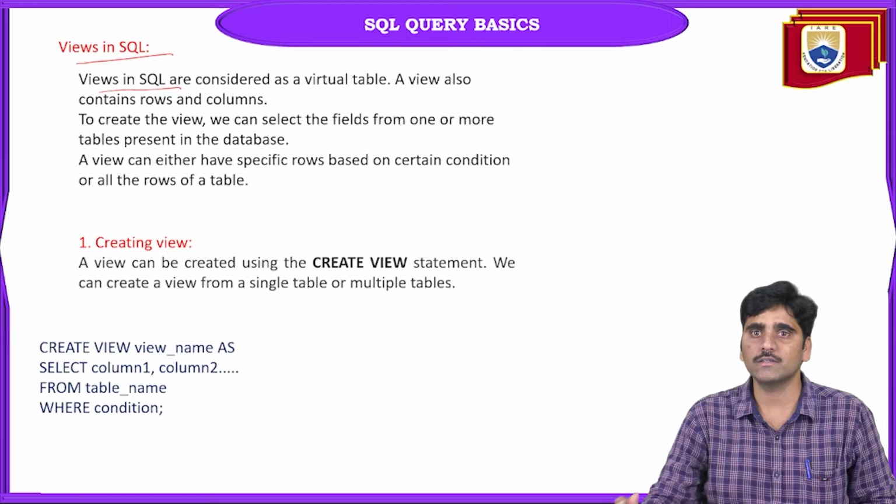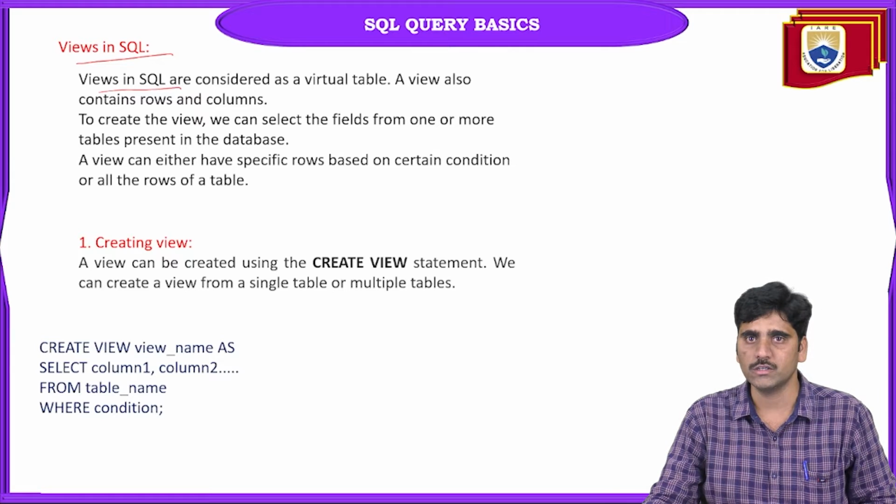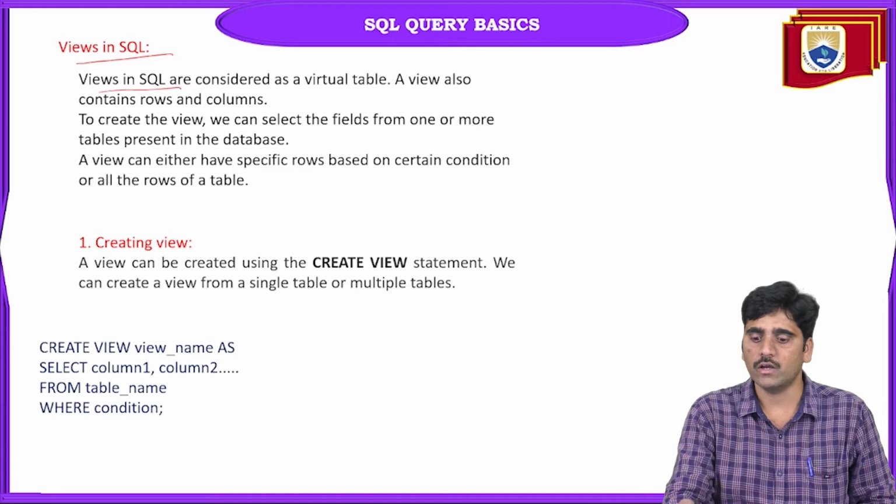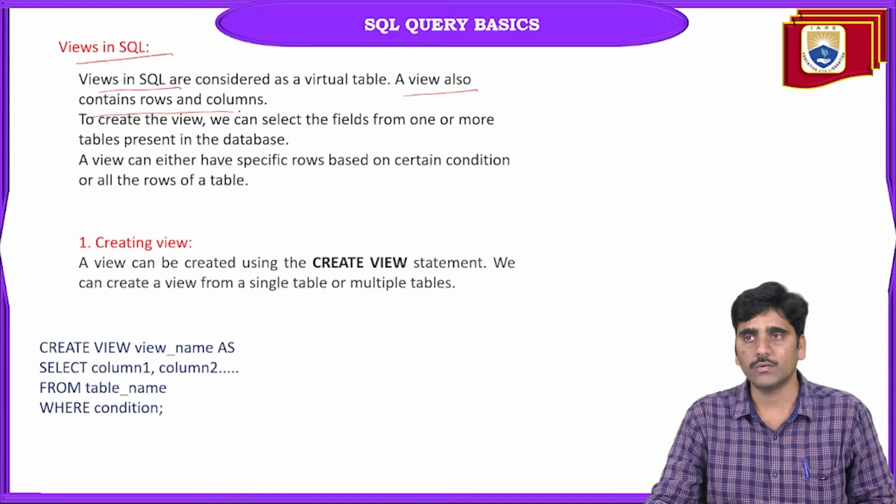A table occupies storage, but a view does not occupy storage. A view also contains rows and columns, just as a table does.